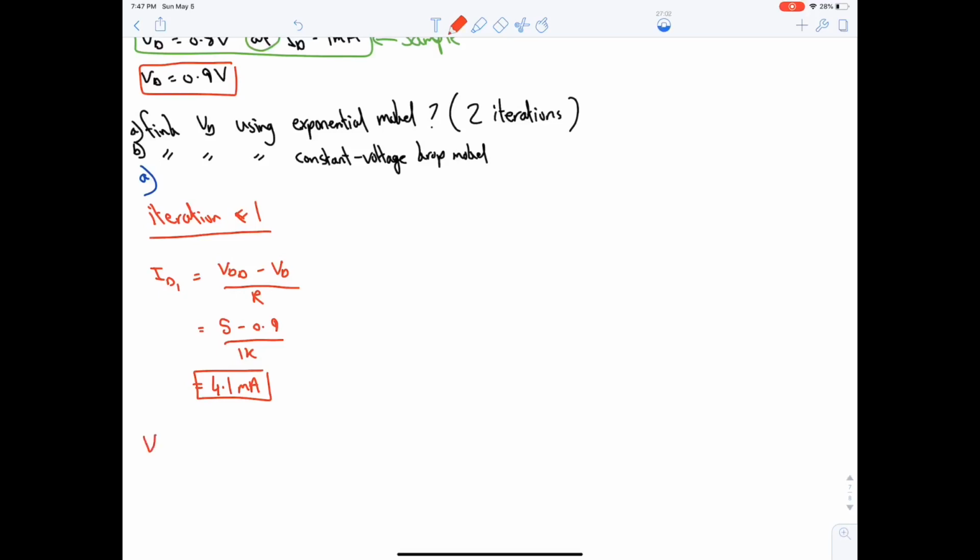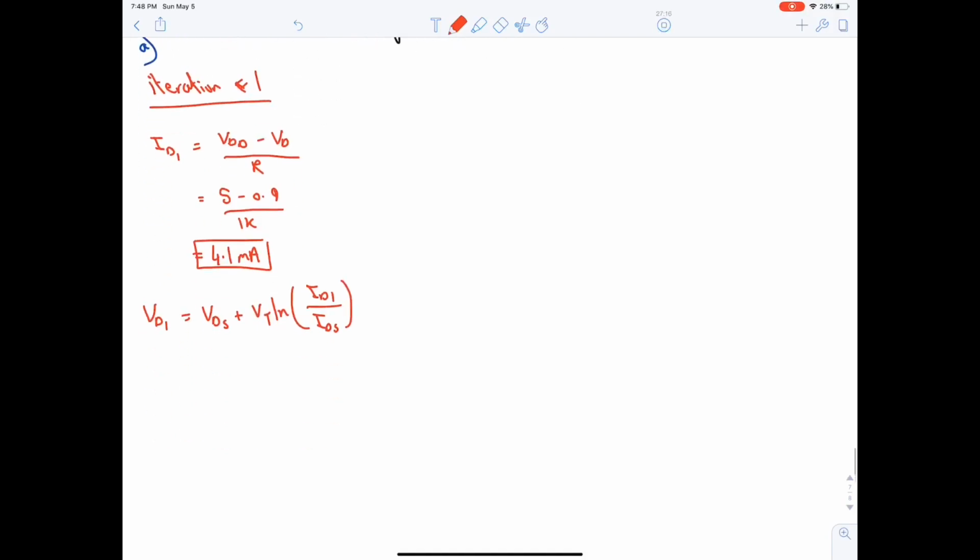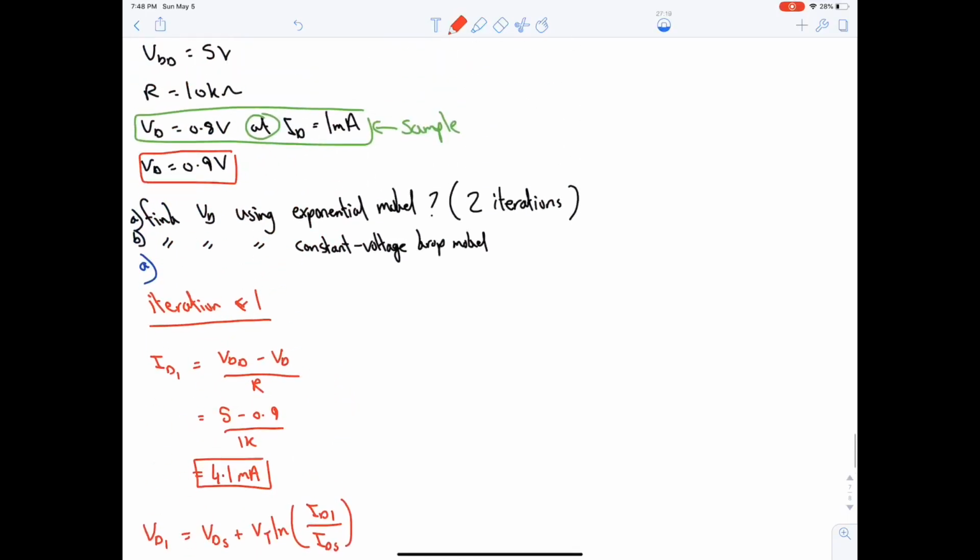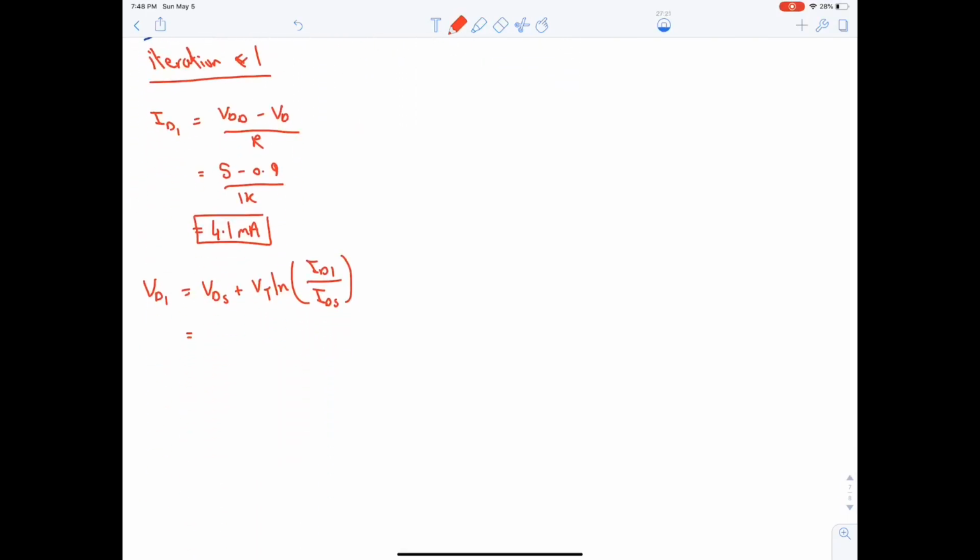Finding VD1, it's equal to VDS, previous iteration, plus VT ln ID1 divided by IDS. Now VDS is equal to 0.8 plus 25 milli ln ID1 is 4.1 milliampere divided by IDS.